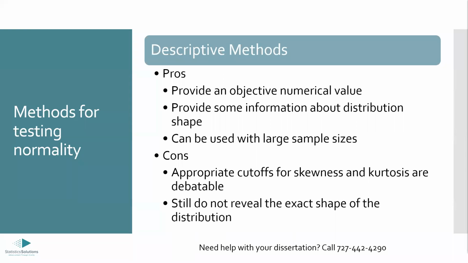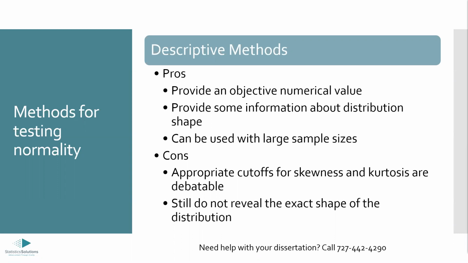And so what are the advantages and the disadvantages of these descriptive methods? Well, first of all, one of the pros is that the descriptive methods provide an objective numerical value. So it provides a value for skewness and a value for kurtosis that we can interpret. And better than the inferential methods, it provides us some information about the distribution shape. So it gives us a lot more information about if the distribution is skewed, in what direction it is skewed.